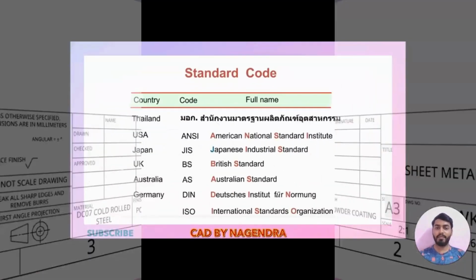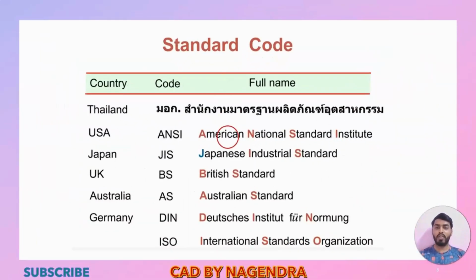Then next, for drawing sheets we will have some proper standards. As you can see, for Thailand it is in their own language, and for the USA we have ANSI standards. ANSI stands for American National Standards Institute. For Japan they use JIS standards, Japanese Industrial Standards. For the UK, BS standards, nothing but British Standards.